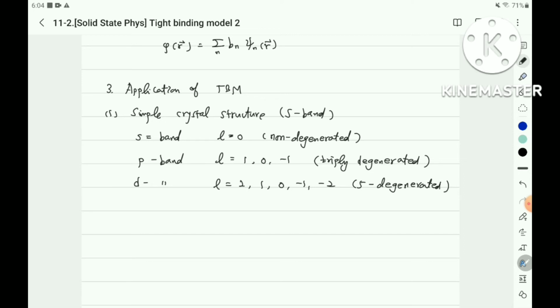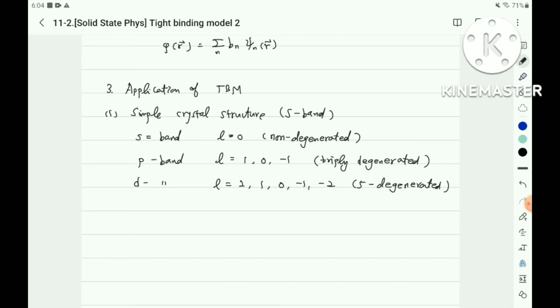Therefore, in the P-band or D-band, the degenerate levels should be calculated explicitly using the tight binding model.